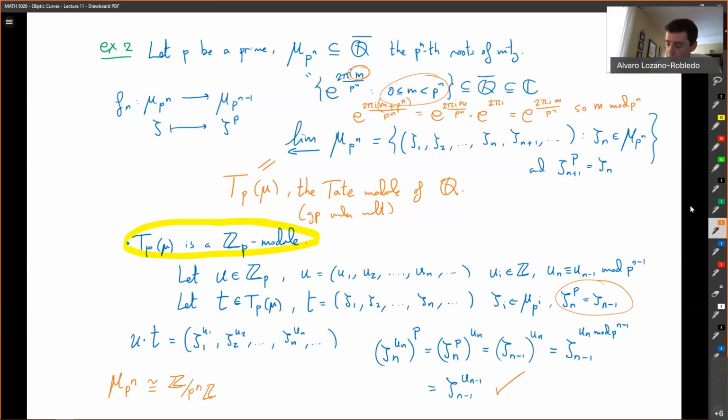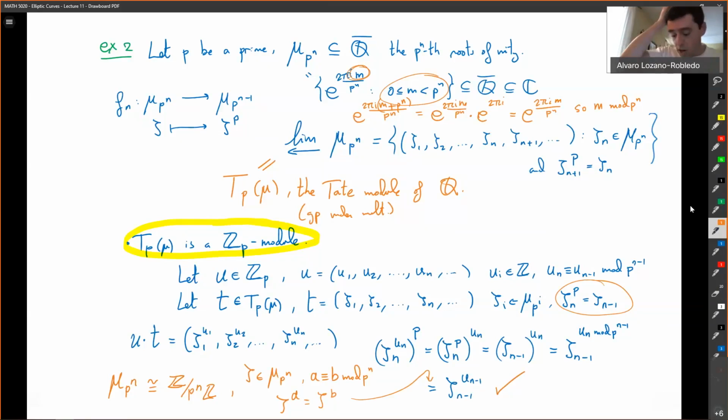So basically what this says also is that if zeta is a p to the nth root of unity, and a and b are congruent modulo p to the n, then zeta to the a is equal to zeta to the b. Okay, and that gives you that equality here that we needed.